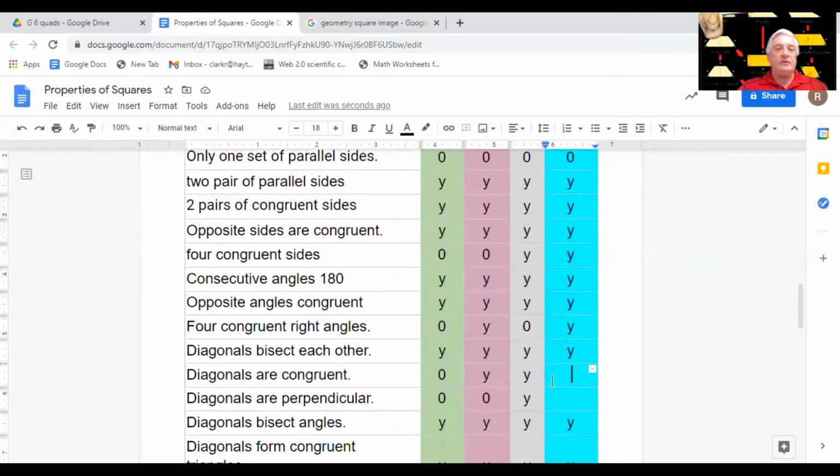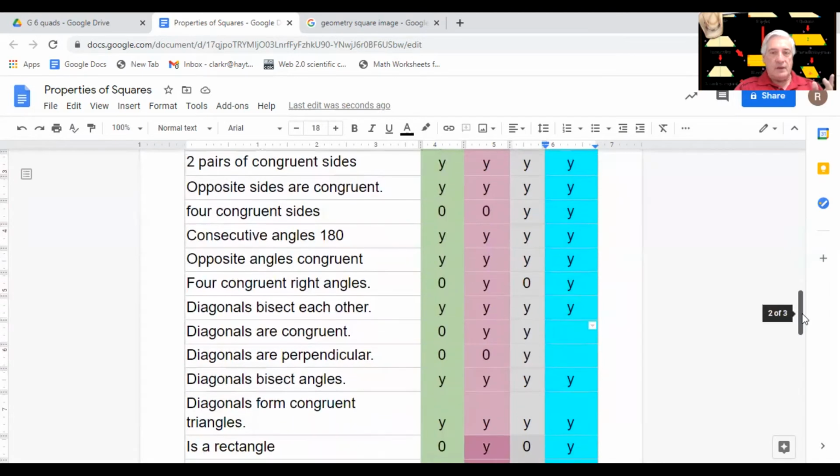When we get diagonals that form two congruent triangles, when I get down here, if you have the diagonals, do they form four congruent triangles? I know it's not on my chart, but yes, when we get to diagonals are congruent, it's true about a square.